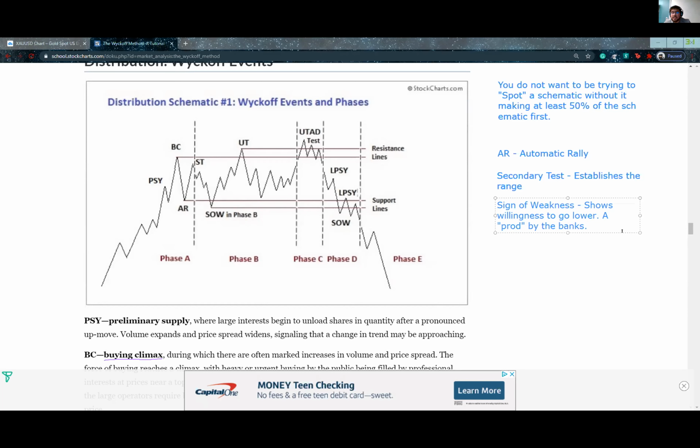The SOW is a poke by the banks trying to break the floor and seeing if they need more money, if they need to put in more lots to actually break that range, or if their buying or selling power is strong enough to break the range, right? So basically, when the banks create an SOW, it's because they had enough power to actually break through the floor of that trading range, right?